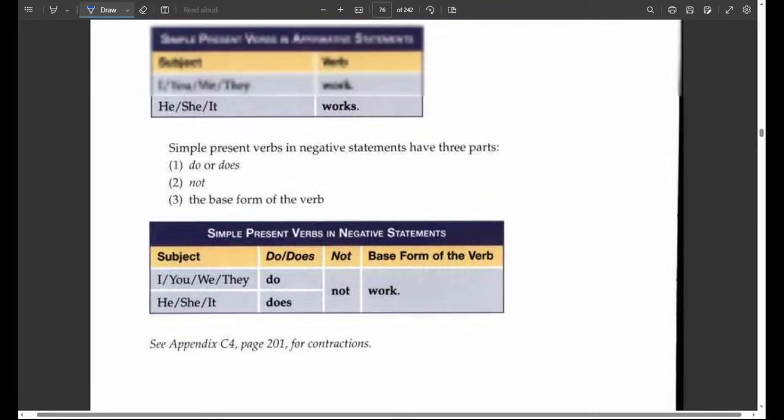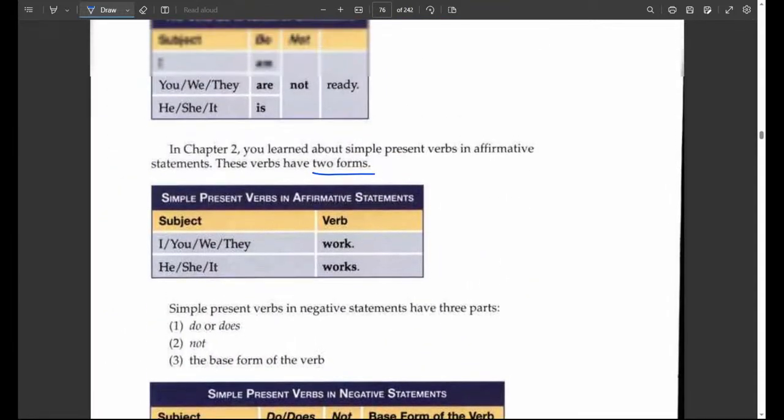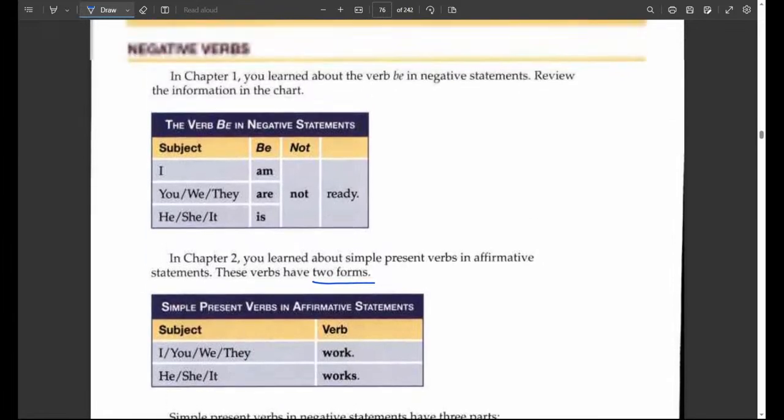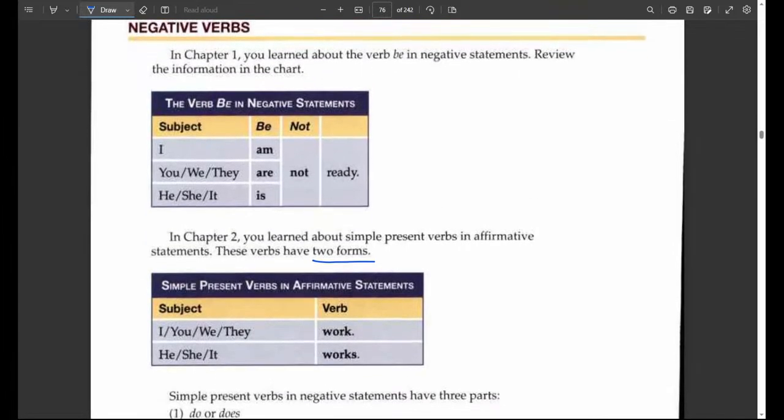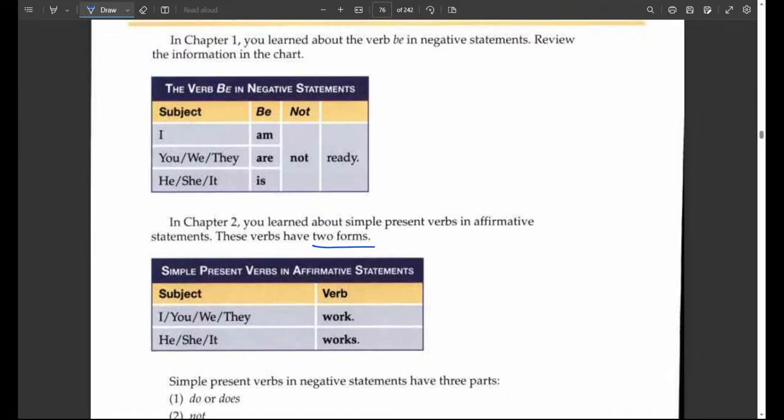Okay, let me just summarize this part. This is a tricky part. So we have the statements with a be verb, like she is a student.